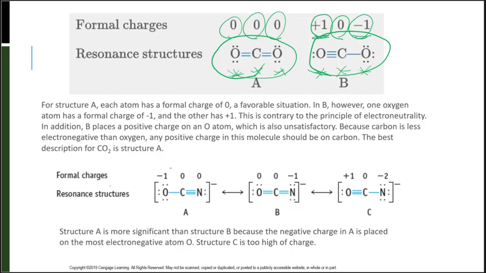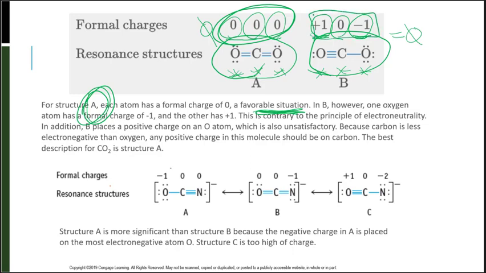Now, a positive 1 and a negative 1 still gives me an overall neutral compound, just like this is a neutral compound. But structure A is our more favorable situation because all of the formal charges are 0, and we want as close to 0 as possible. So if we can eliminate the positive 1 and negative 1, then we will.